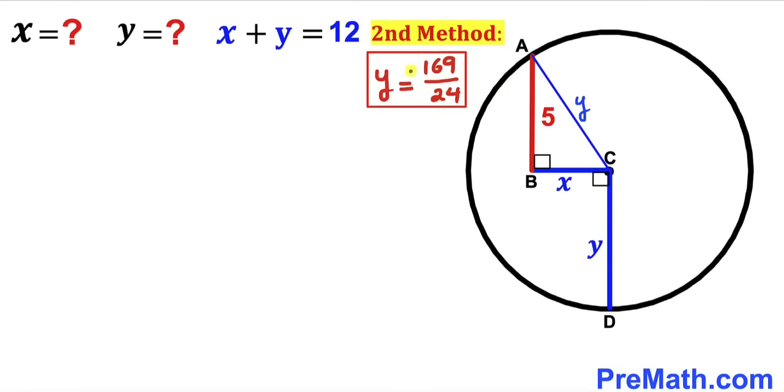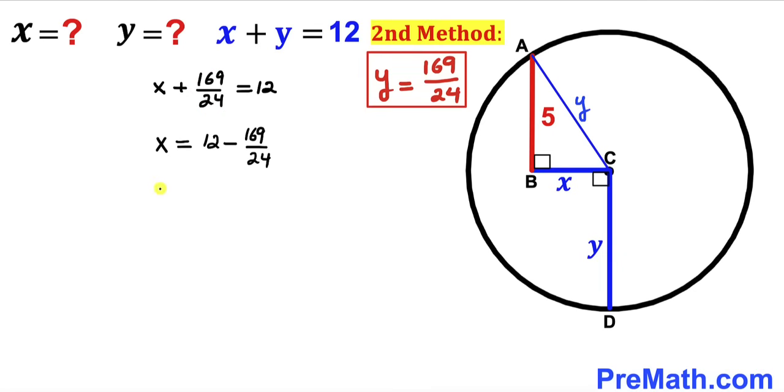And now I'm going to substitute this y equals to 169 divided by 24 value in this equation to solve for x. So therefore we could write x plus 169 divided by 24 equals to 12. And now I'm going to move this fraction to the other side.